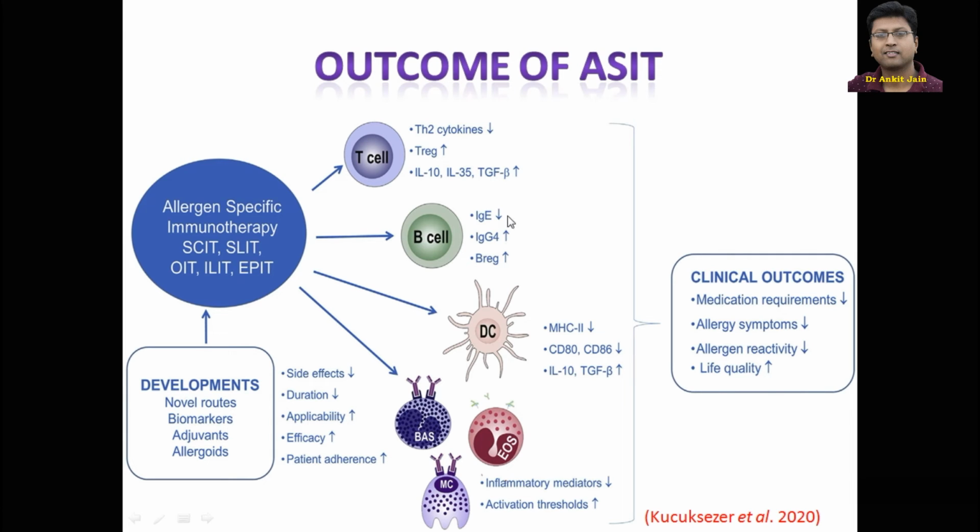It will diminish the IgE response, and increase the IgG4 response and B regulatory response. It will downregulate the MHC class II molecule, downregulate the CD80 and CD86 molecules, and upregulate interleukin 10 and tumor growth factor beta. So there is a decrease in side effects, decreased duration, increased applicability, increased efficacy, and patient adherence. There is a decrease in inflammatory mediators and the activation threshold level is increased.